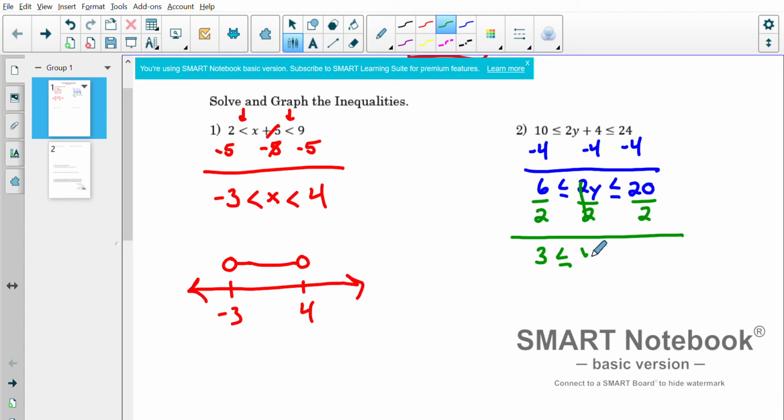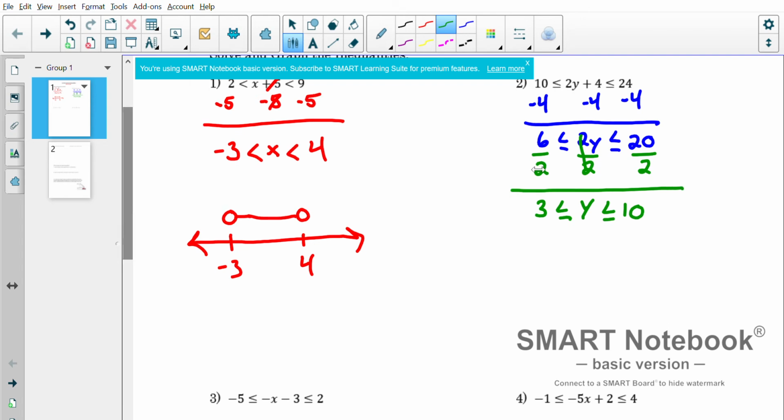Inverses cancel, left with just y, less than or equal to 20 divided by 2 is 10. So I now have my compound inequality that I can go ahead and graph on my number line. Put our two ends, 3 and 10.